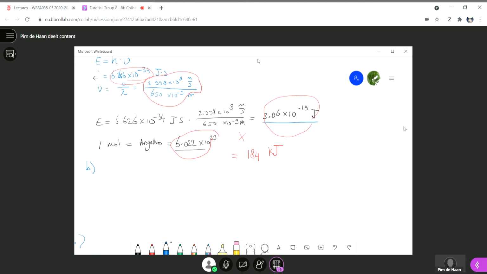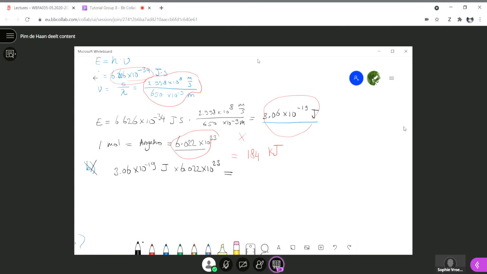So what we're going to do, cross this out, is we have 3.06 times 10 to the negative 19 joules times 6.022 times 10 to the 23. And if you multiply these numbers, do I have a calculator here somewhere? I think I do. Yeah. Okay, thank you. Oh, you already see it? Yeah, I already see it.